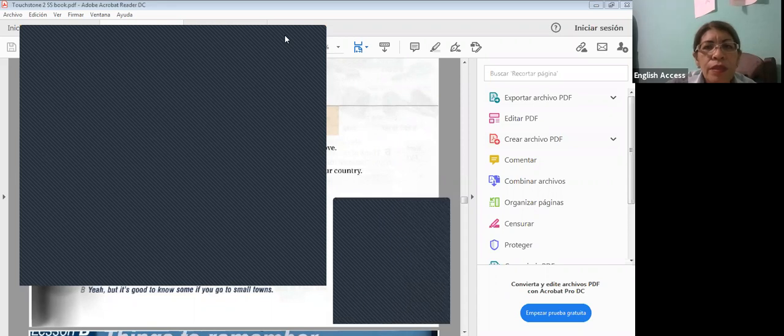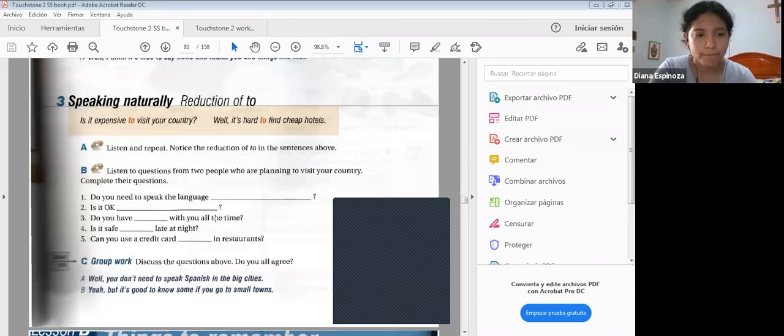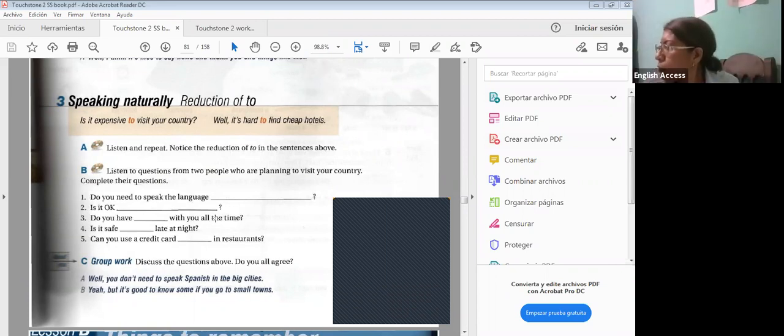Page 67. 3. Speaking naturally. Reduction of 2. Listen. B. Listen to questions from 2 people who are planning to visit your country. Complete their questions. 1. Do you need to speak the language to travel around? 2.